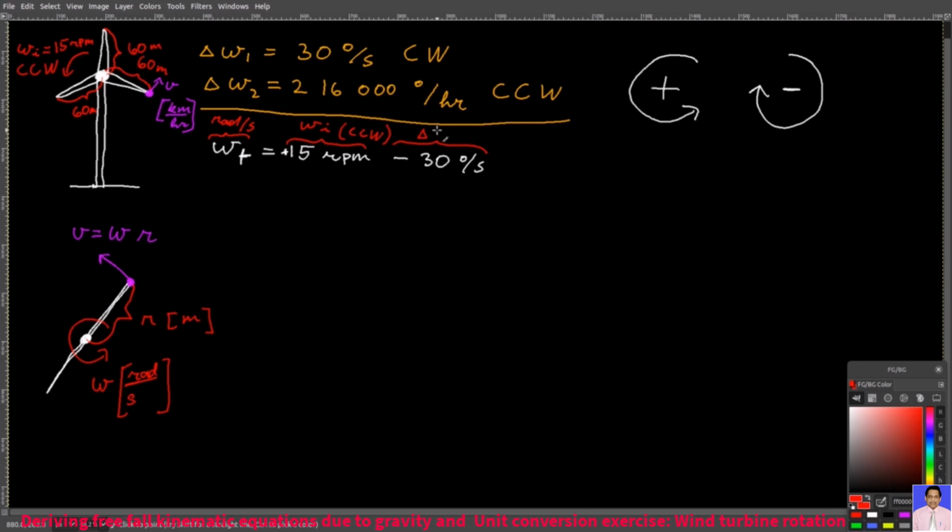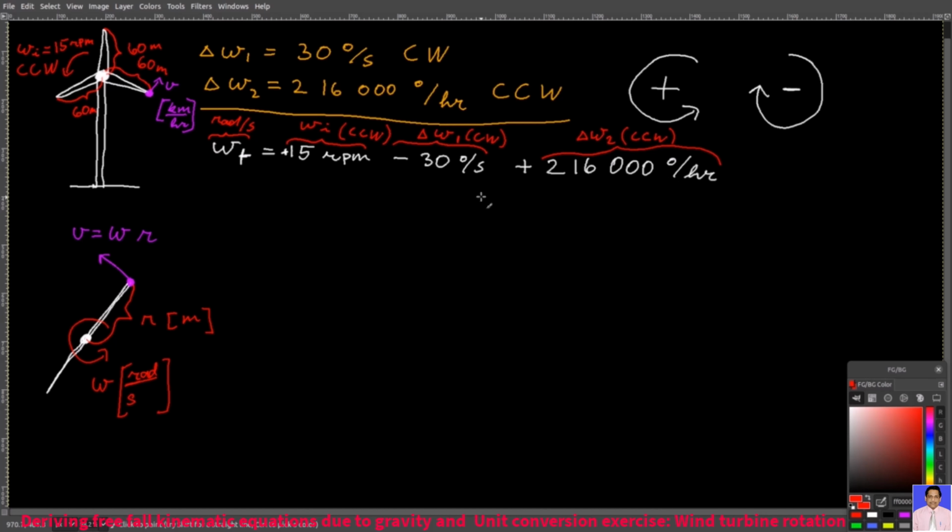That's your delta omega 1, and this one is clockwise, and that's why you have this minus sign here. And then you have plus 216,000 degrees per hour. That's your delta omega 2, counterclockwise. That's why you have a plus sign here.